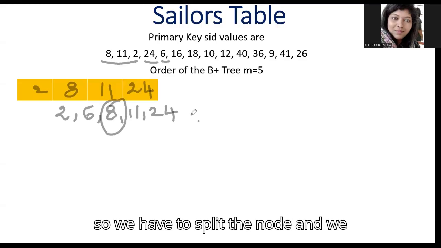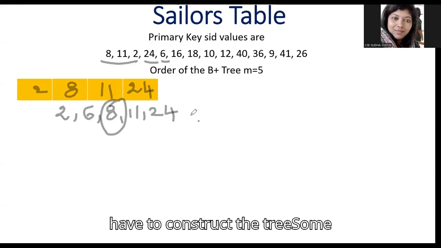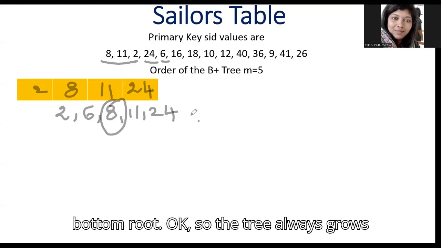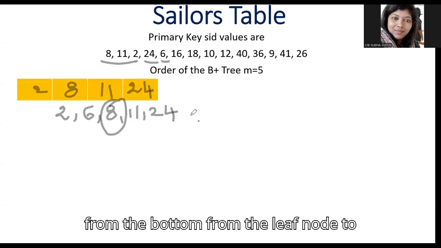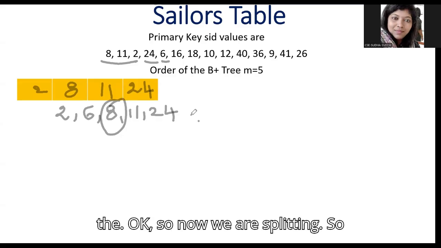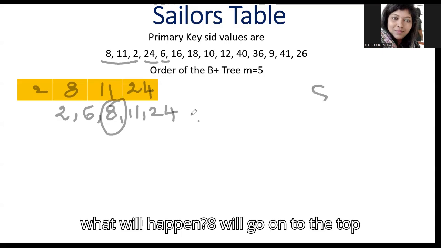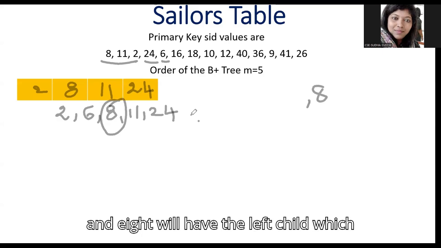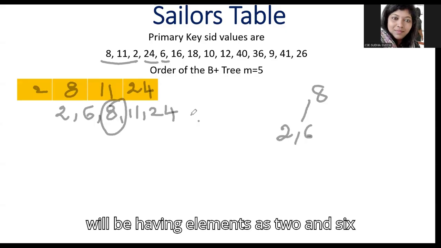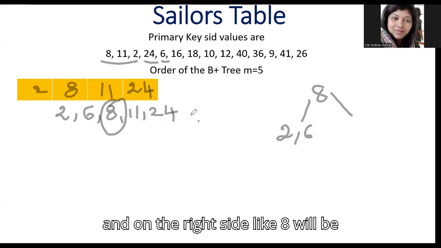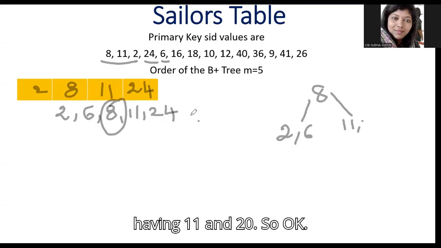So we have to split the node, and we construct the tree from the bottom to the root, from the leaf node upward. Now we are splitting. 8 will go to the top, and 8 will have a left child with elements 2 and 6, and on the right side 11 and 24.